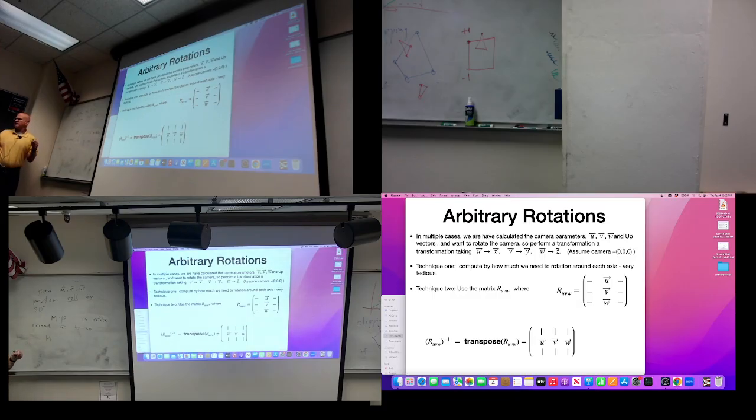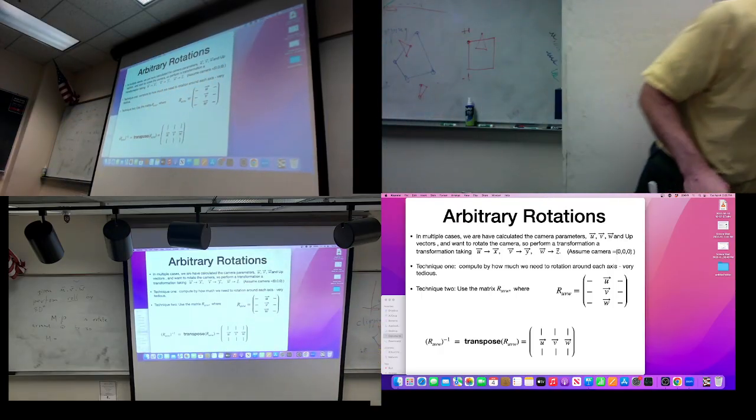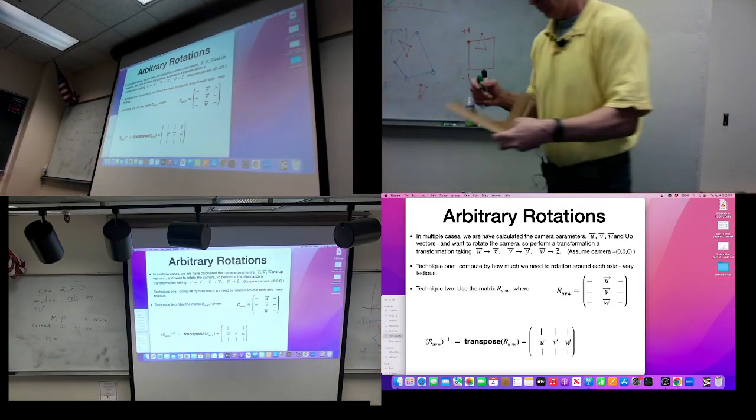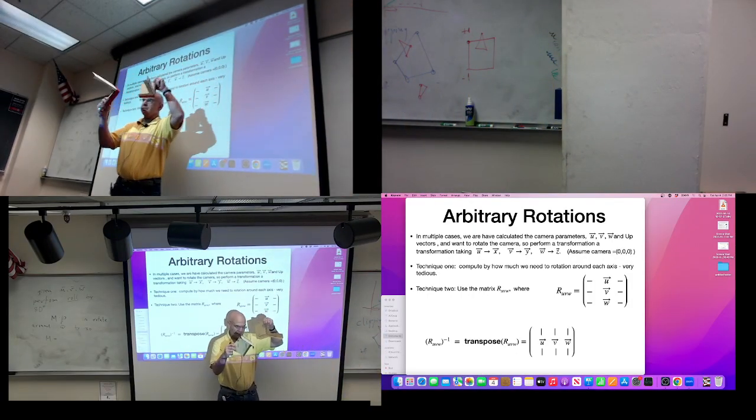I will assume here that the eye is already at 0, 0, 0, otherwise I need to start and end by translation. I will assume that the eye is already at 0, 0, 0. So it's only rotations involved. Help? M equals two coordinate systems.